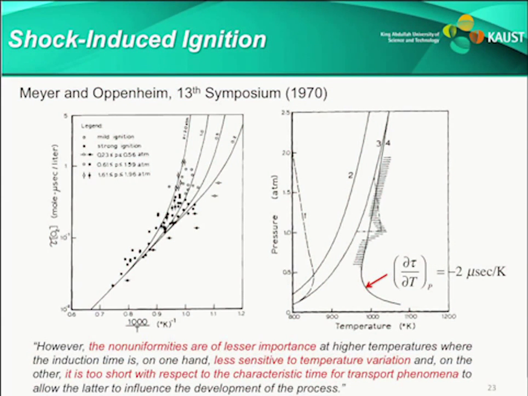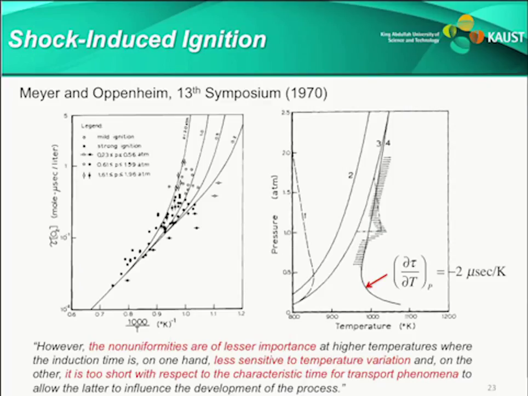It was called mild and strong ignition there. Again, same problem, so they were able to identify how the ignition happens. And then the boundary was identified as some constant isolevel value of dτ/dT, where τ is the ignition delay time. So you can run the homogeneous calculation, sweep through the temperature, and the slope tells you.